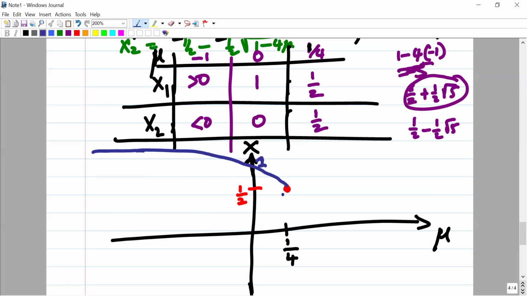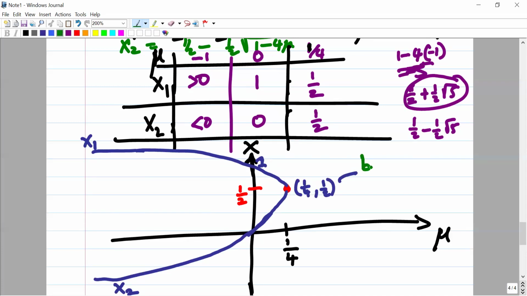And x2 is the one that goes through 0 and folds backwards. So this will be your x1. This is your x2 equilibrium. And this is the point 1 over 4, half, and we call this point the bifurcation point. So the point of exchange of stability between x1 and x2.